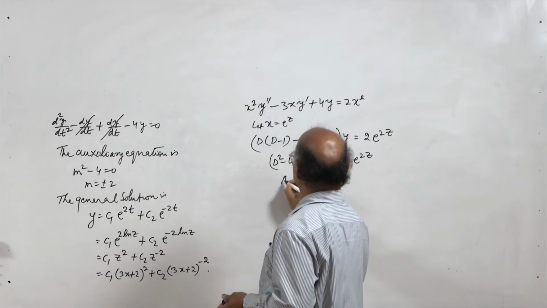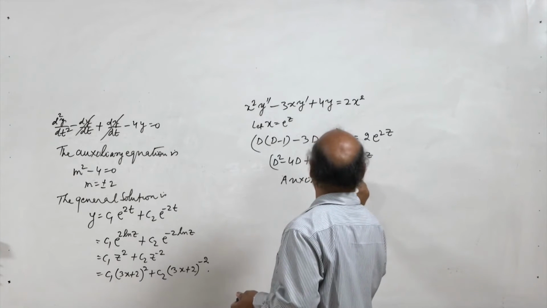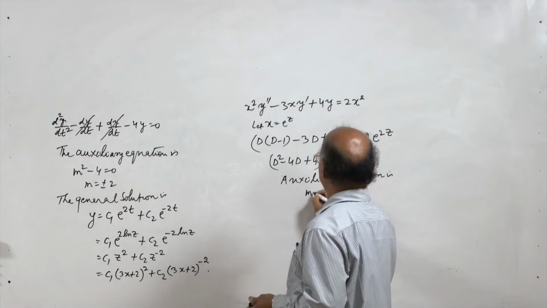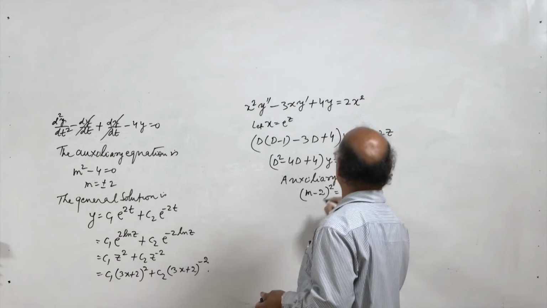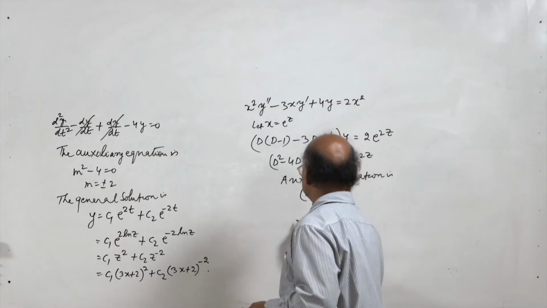Now, the auxiliary equation is m minus 2 whole square equal to 0. So, m equal to 2. So, we get the case of repeated roots.